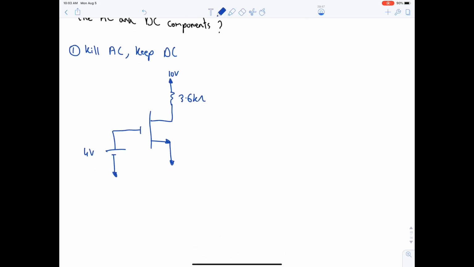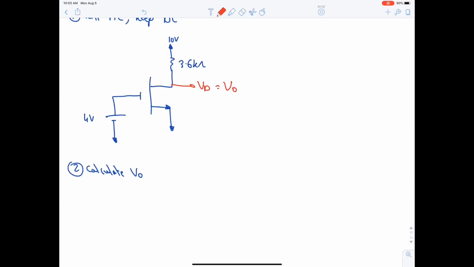So step number 2 is to calculate VO, and VO is always on VD. This is VD equal to VO. Okay. So here in amplifiers we are always in the saturation region.